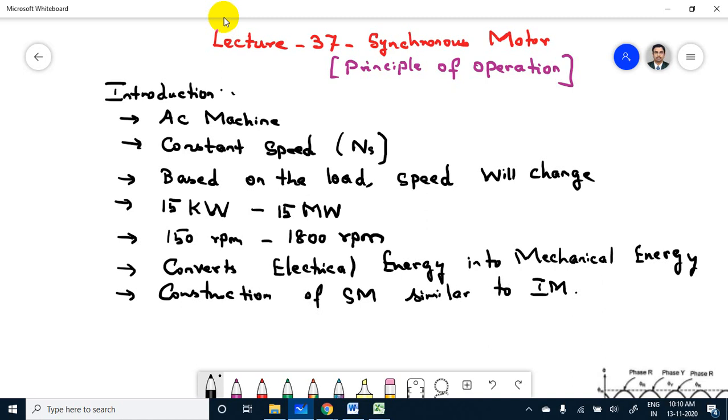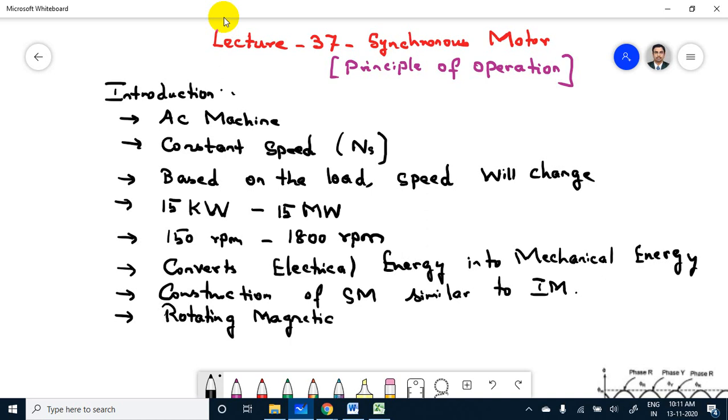So here also a rotating magnetic field will be produced. You people are already familiar with the rotating magnetic field.